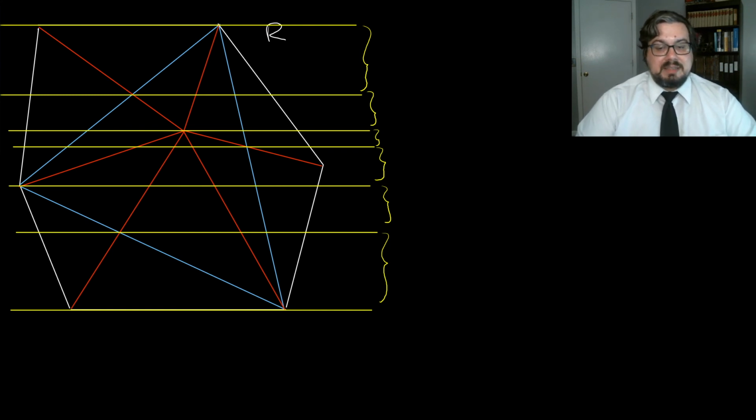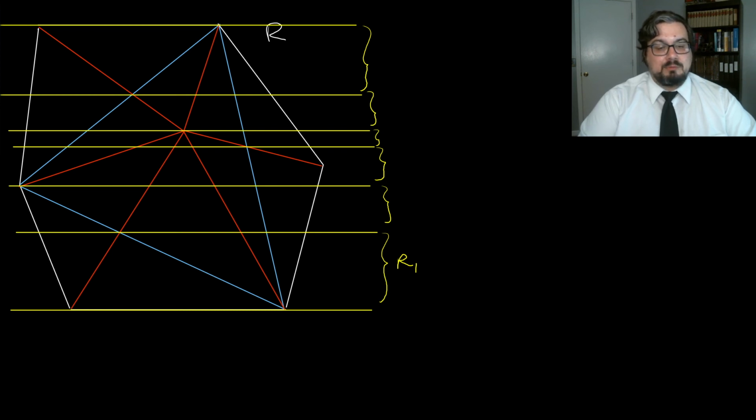So for instance, in the bottommost strip, which I'll call R1, all of the region that lies in this first strip altogether forms a trapezoidal region.